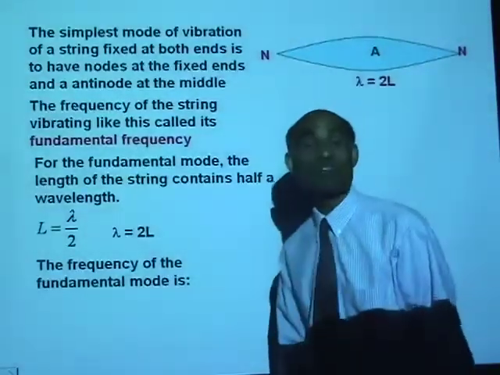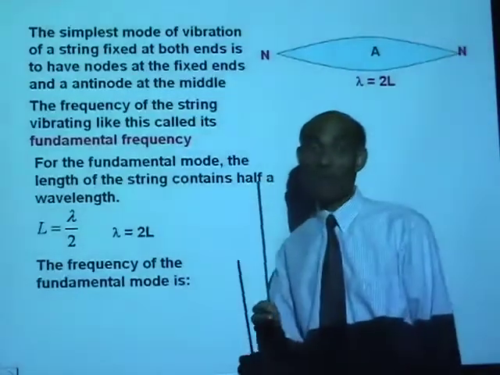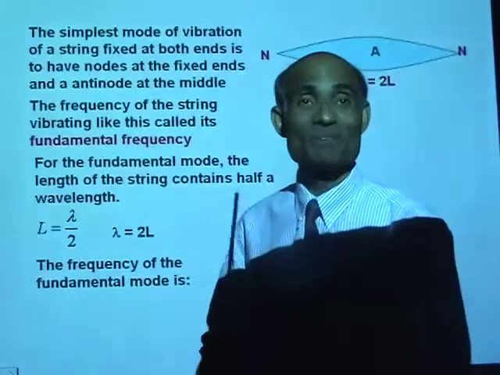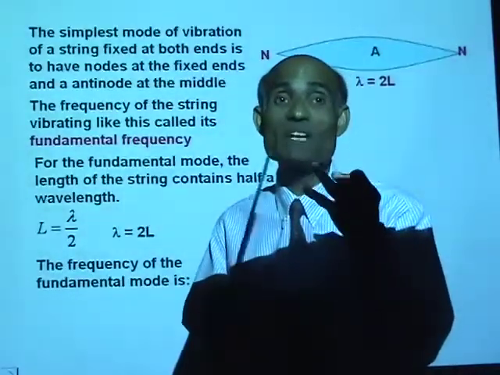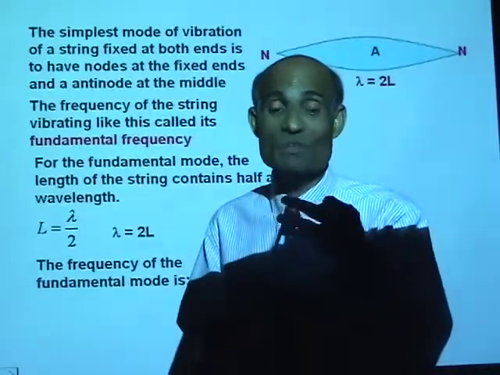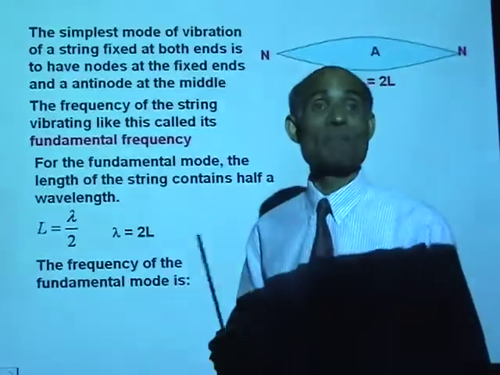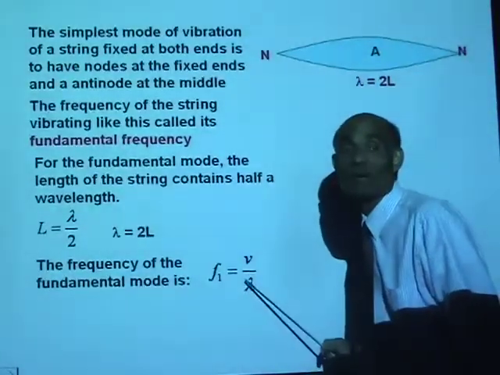Now, what is therefore the frequency of the fundamental mode? Now remember that wave equation. What is our wave equation? Do you remember? The equation that connects the wave speed, frequency and wavelength. V equals F lambda. Therefore, F equals V over lambda.